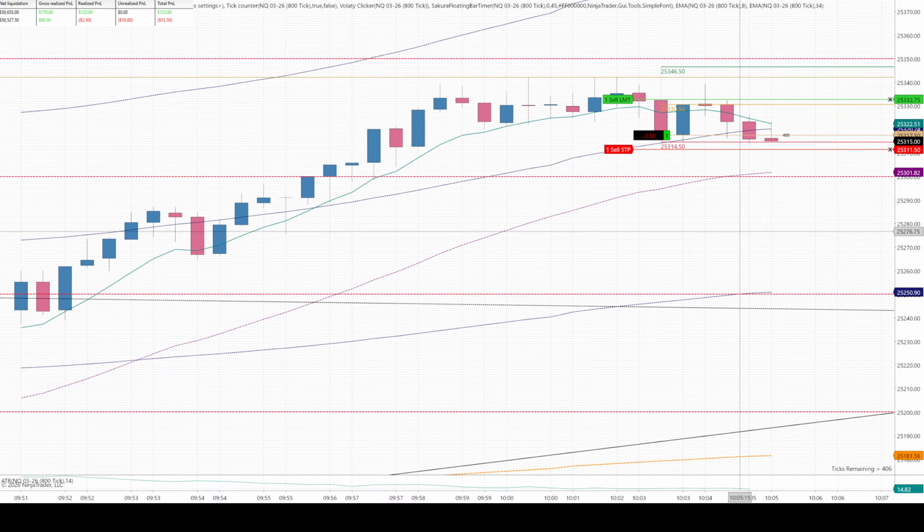There's a strong part of me that wants to get out of this trade now, but I'm just gonna let it play out. It's definitely a battle zone.